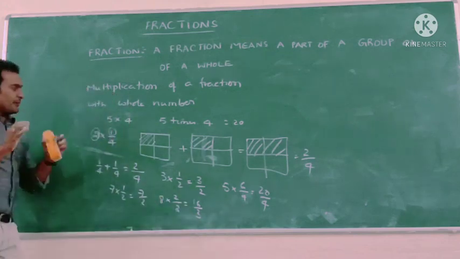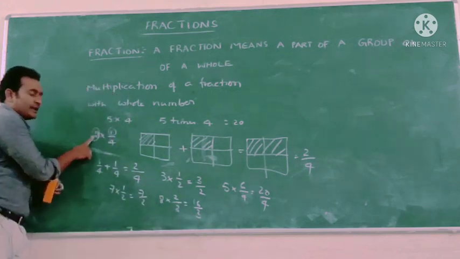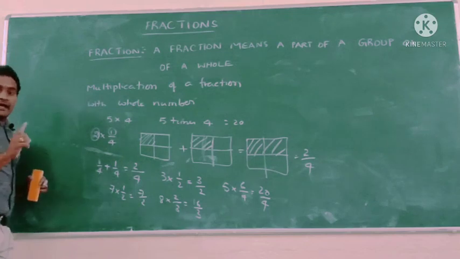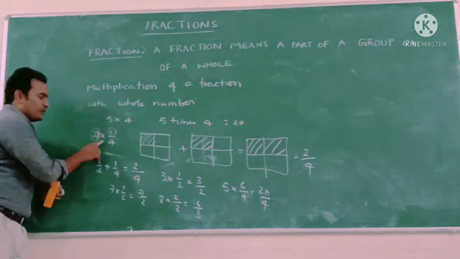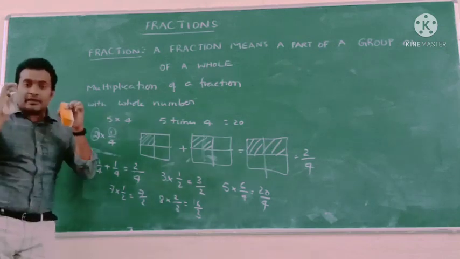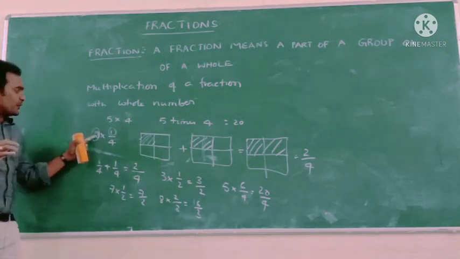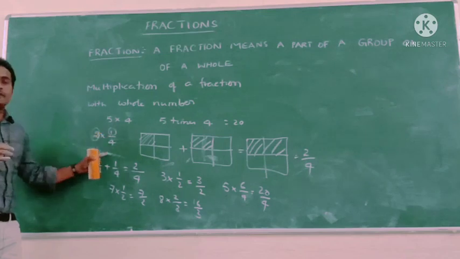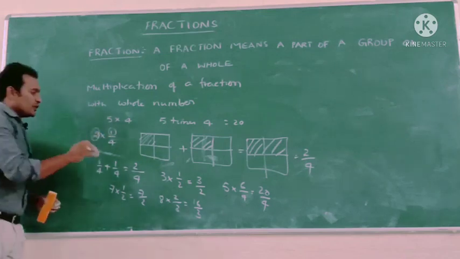So whenever we multiply a whole number with a fraction, we will have another fraction. Simply keep it in mind that you should multiply the whole number with the numerator of the given fraction. So you would have a result.